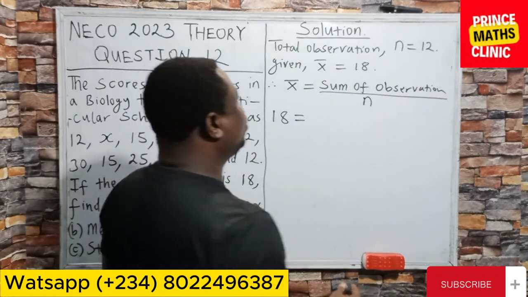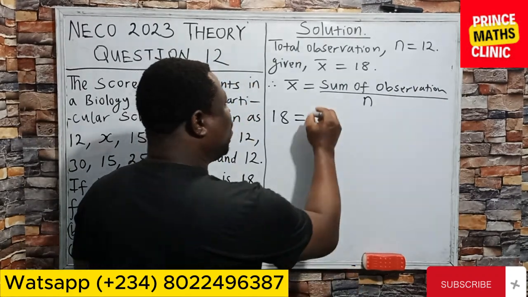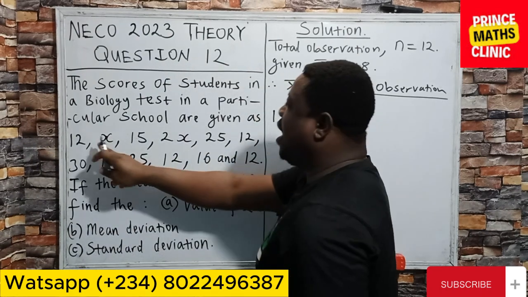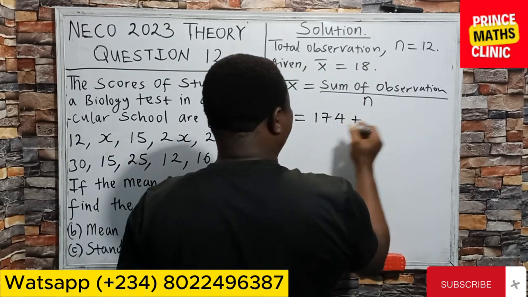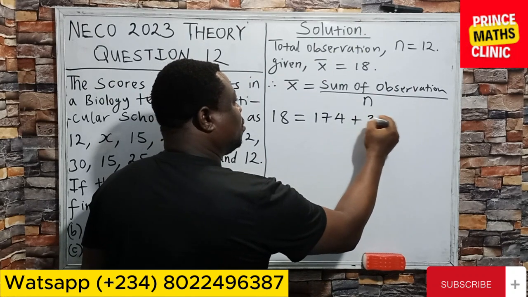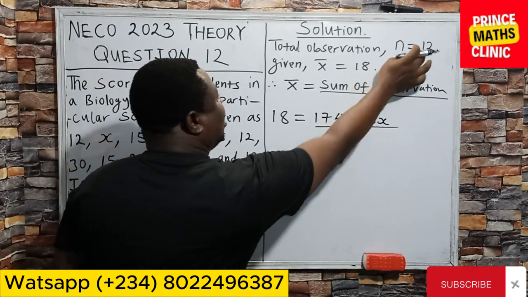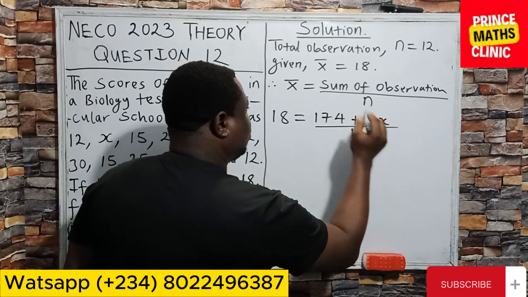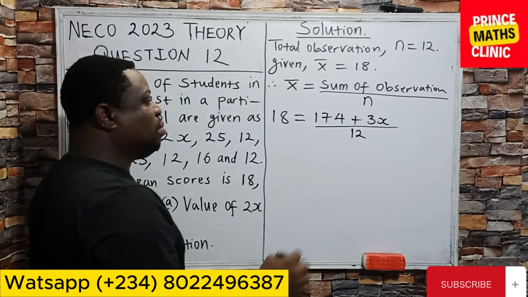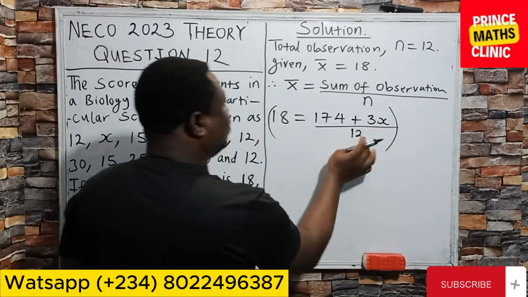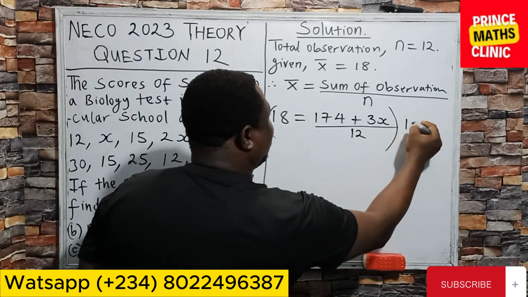If you do that, you are going to obtain 174 for all the figures. Then if you add x plus 2x, you arrive at 3x. Then over n, which is 12. At this point, cross multiply, or you can multiply by the LCM here, which is 12.